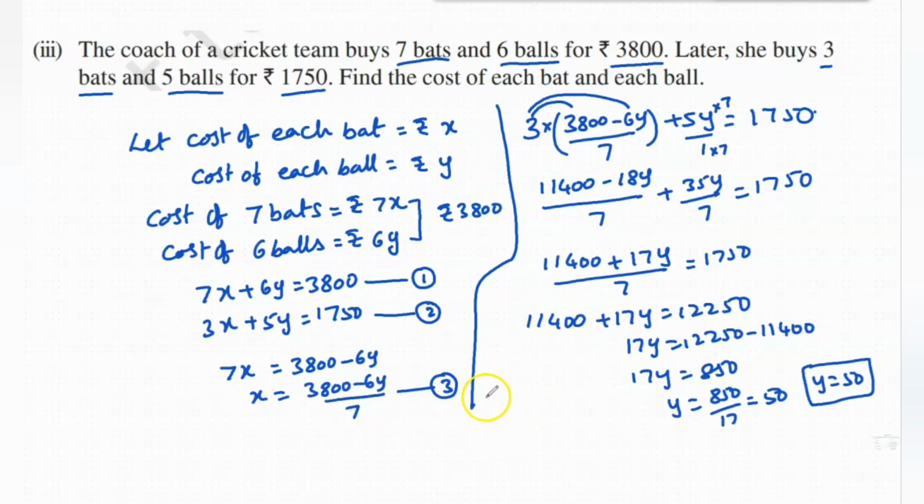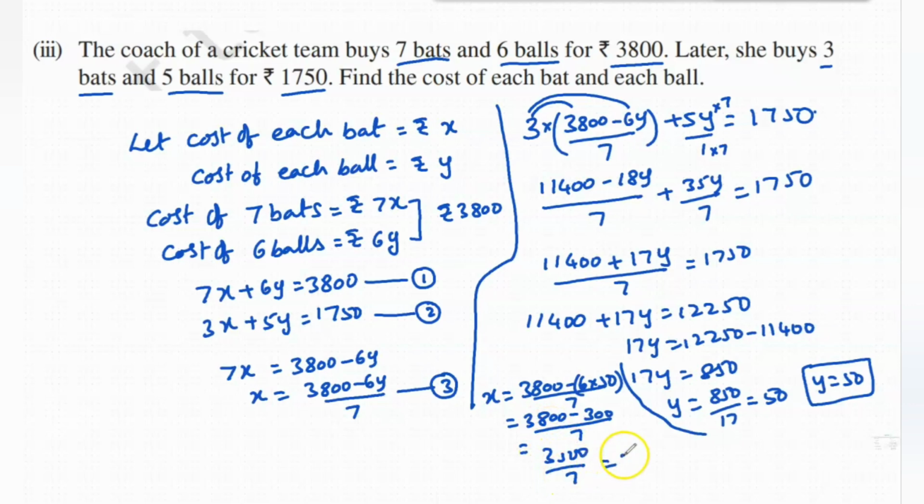We have x is equal to (3800 minus 6y) by 7, y value is 50, so 6 into 50, which is 3800 minus 300, by 7. Which gives you 3500 by 7, which is equal to 500. So x is equal to 500.